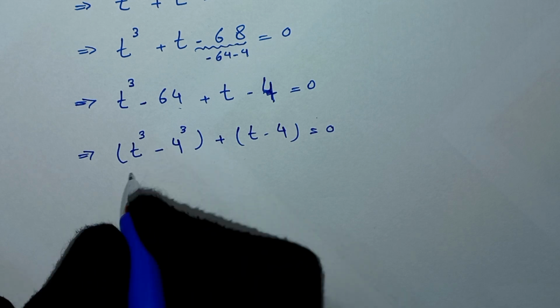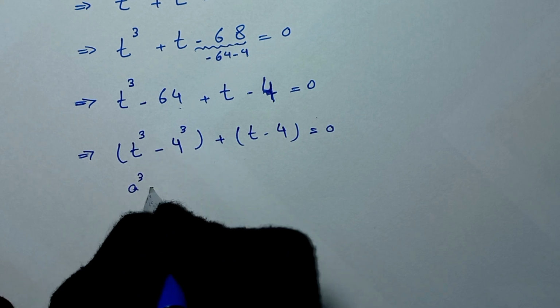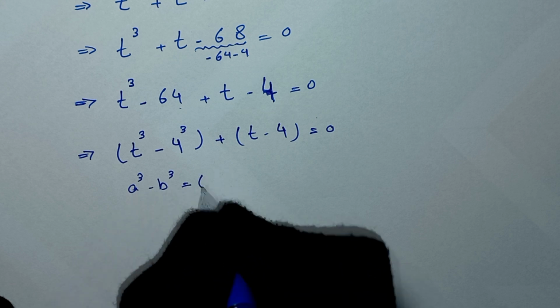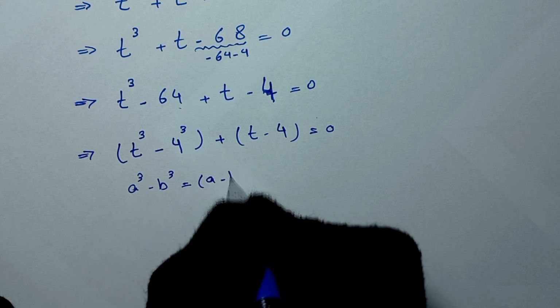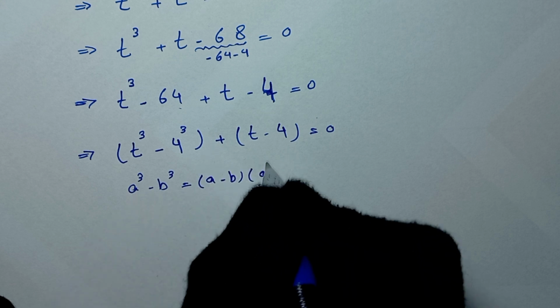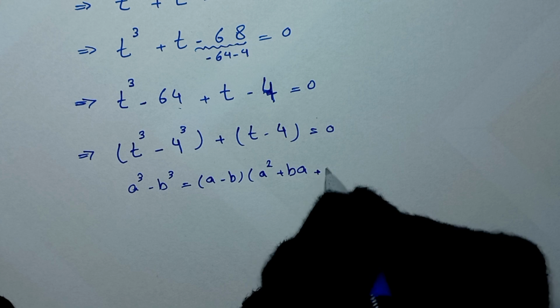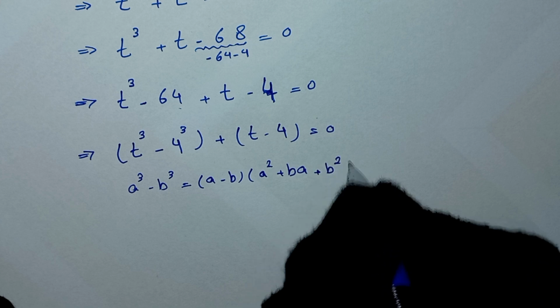Here this is in the form of a cube minus b cube, which is equal to a minus b times a squared plus ab plus b squared.